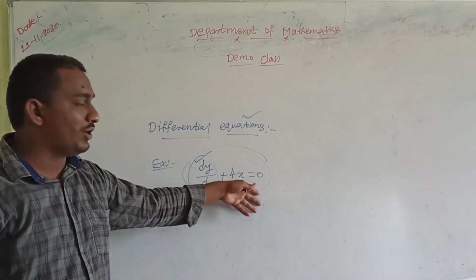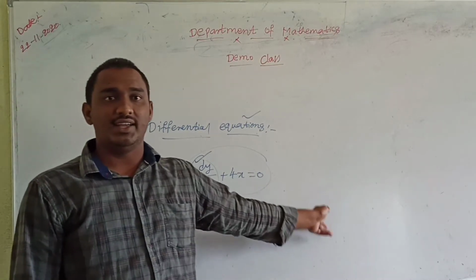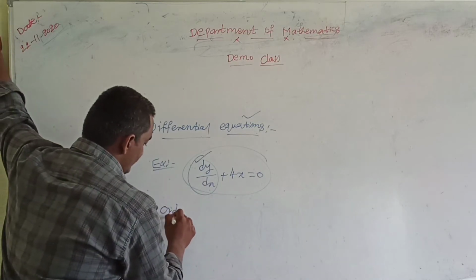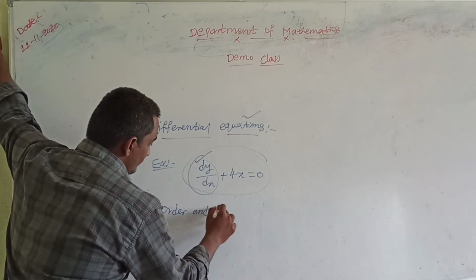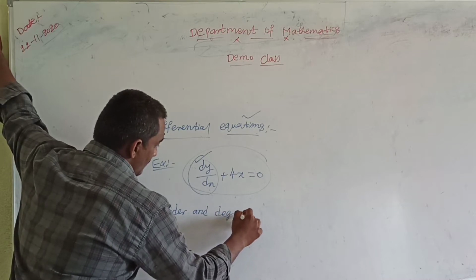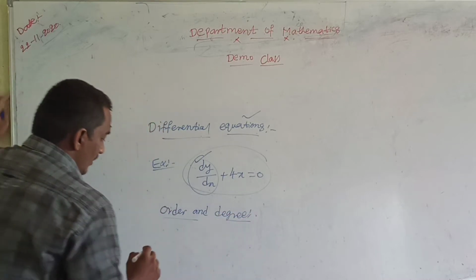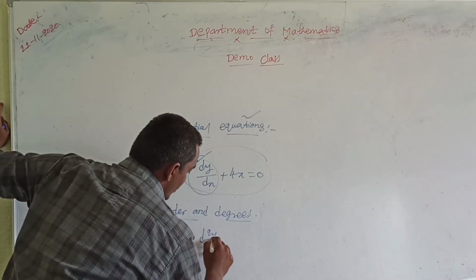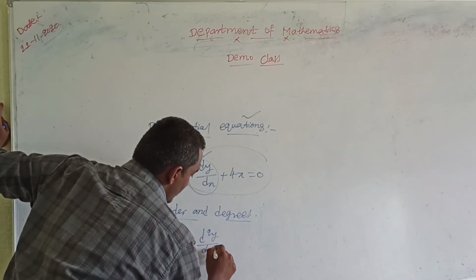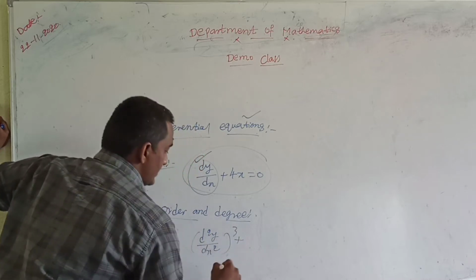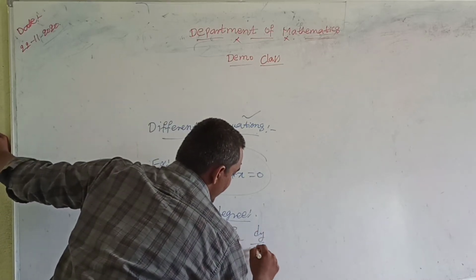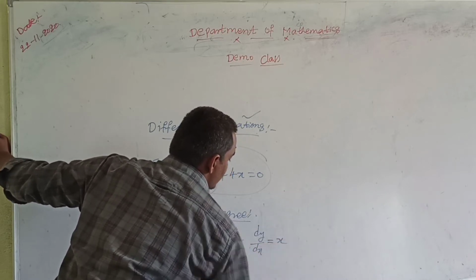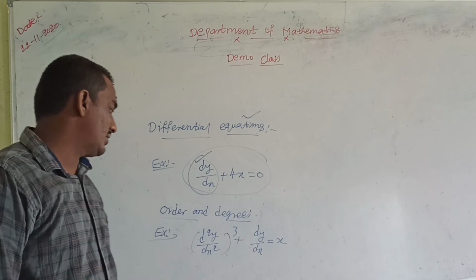I will write one example and explain order and degree with it. Example: (d square y by dx square) whole cube plus dy by dx equal to some function of x.